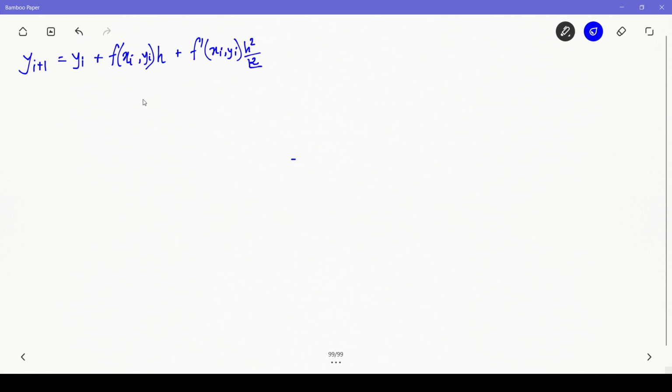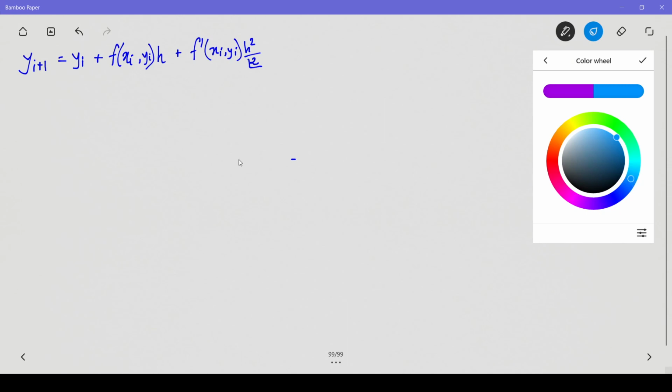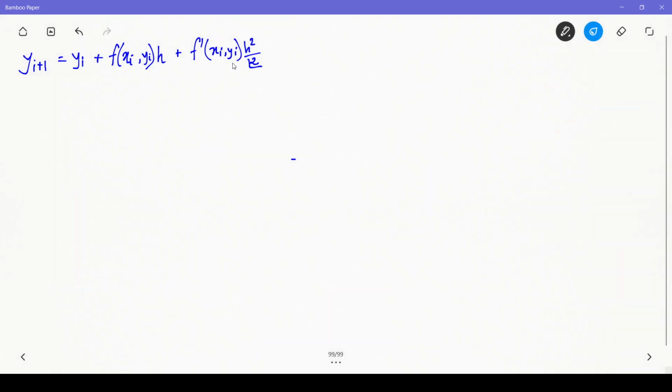These are the first three terms that we are considering for the RK2 method. Runge and Kutta said that instead of calculating the f prime x i, y i symbolically, we'll say that this part can be approximated as something like this.